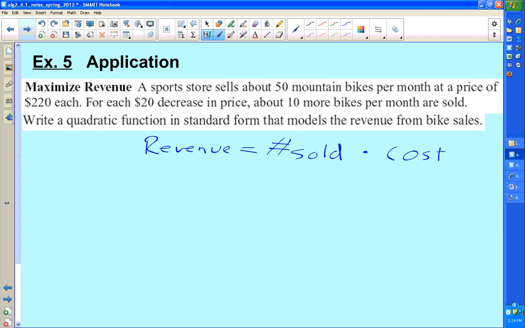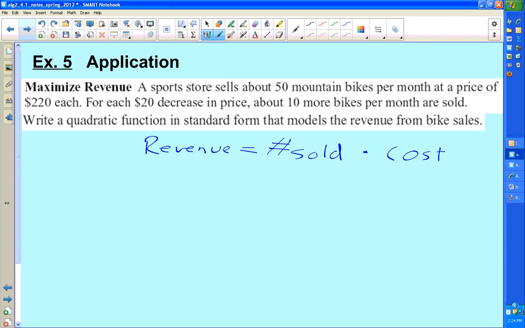Number sold times cost. The unknown in this problem is what? Revenue is one of the unknowns. What's the other unknown? We know how many bikes, we sell 50 a month at $220 each. We're not talking about profit, just revenue.